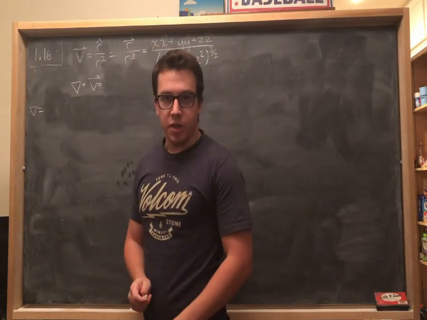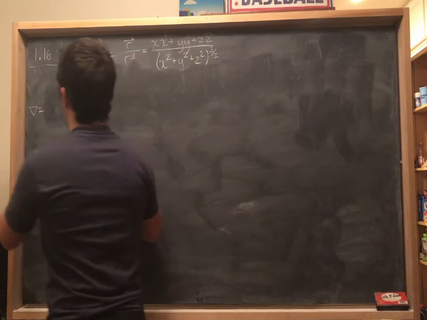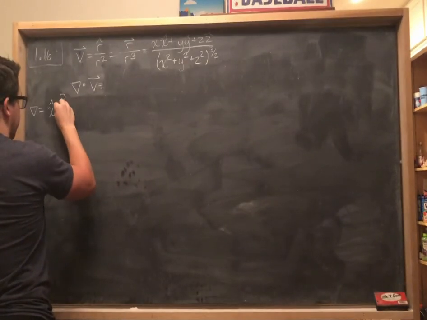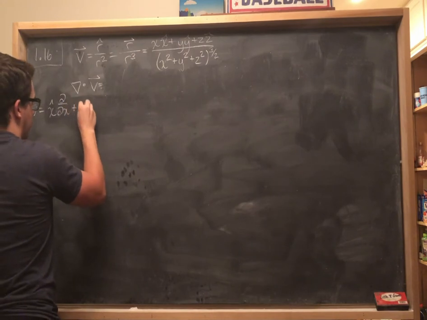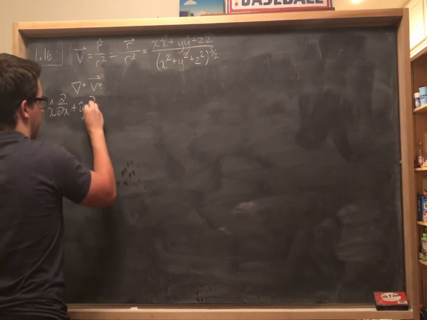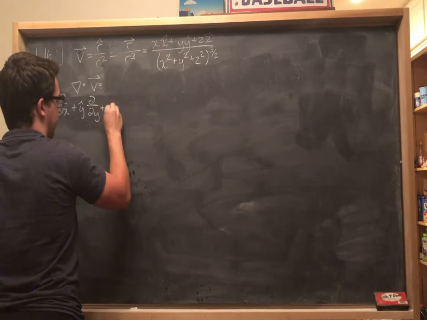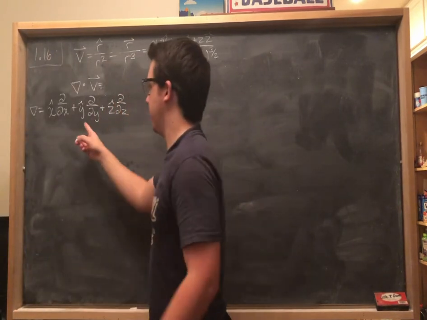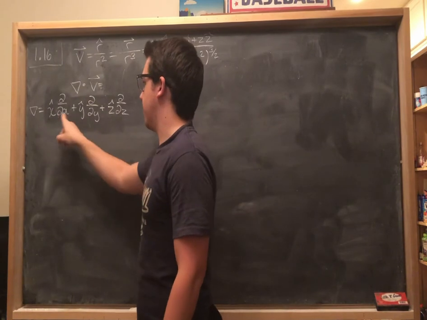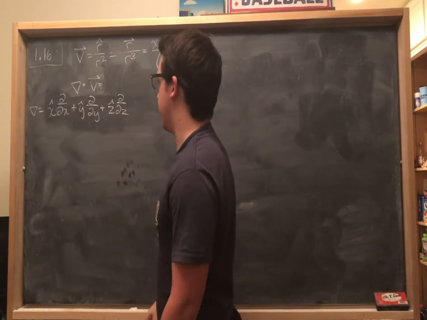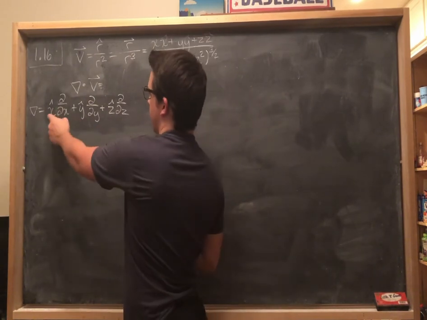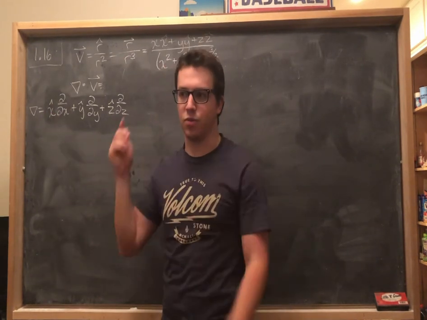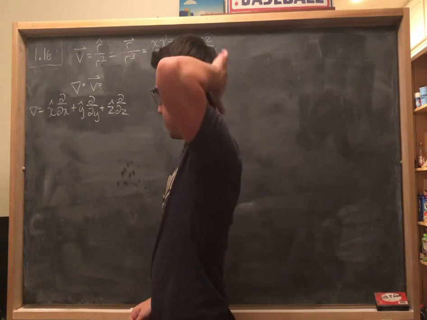And so in Cartesian coordinates, the del operator would be x hat d/dx plus y hat d/dy plus z hat d/dz. The reason I'm writing the hats on this side is just so it doesn't look like we're differentiating the direction vectors, unit vectors.